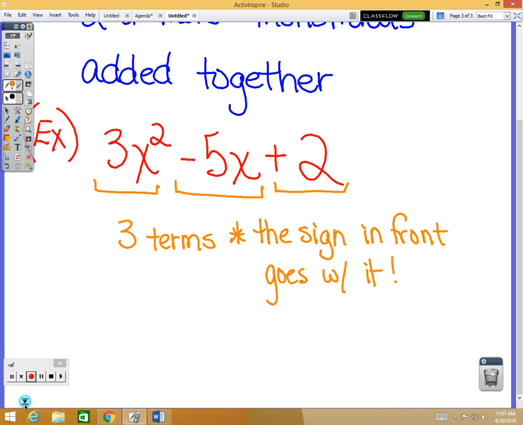So the prefix tri means 3. So technically, instead of saying a polynomial, we could call it a trinomial. Okay, so 3 terms would be a trinomial. It is fine to call it a polynomial, just like calling a triangle a polygon is fine. But if you want to be more specific, then it is a trinomial.